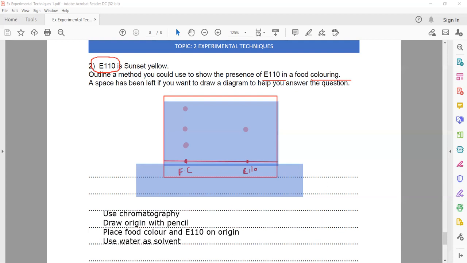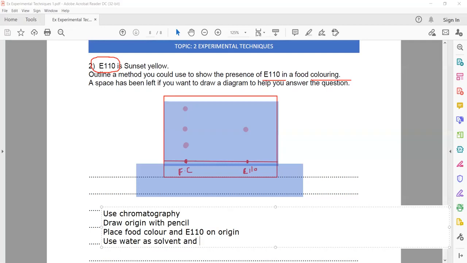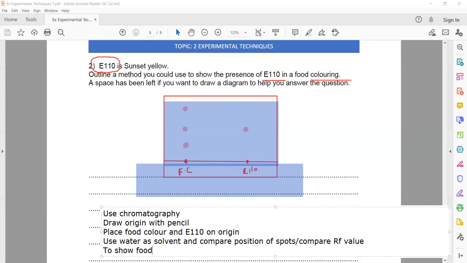Then we will compare the position of the spots, or you can mention compare RF value, to show food color contains E110.